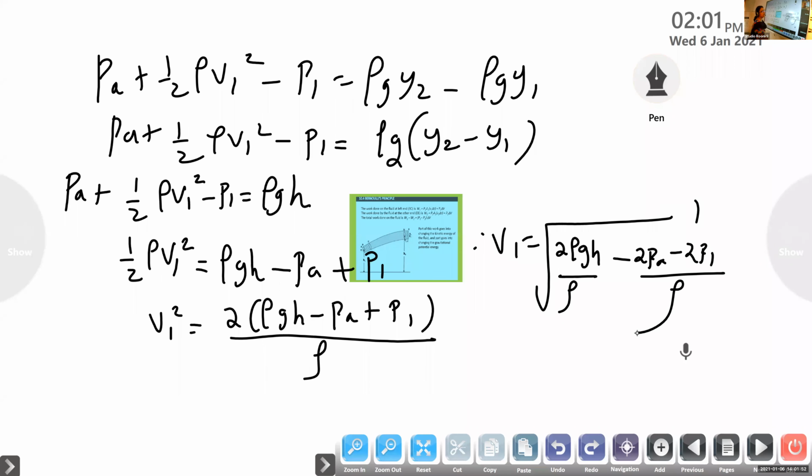I am just writing separately. Why are we writing separately? Because this rho gets cancelled. So for that only, I have done that.